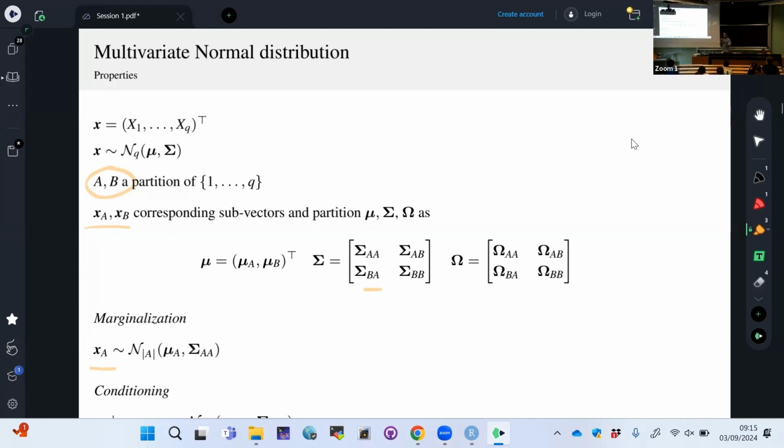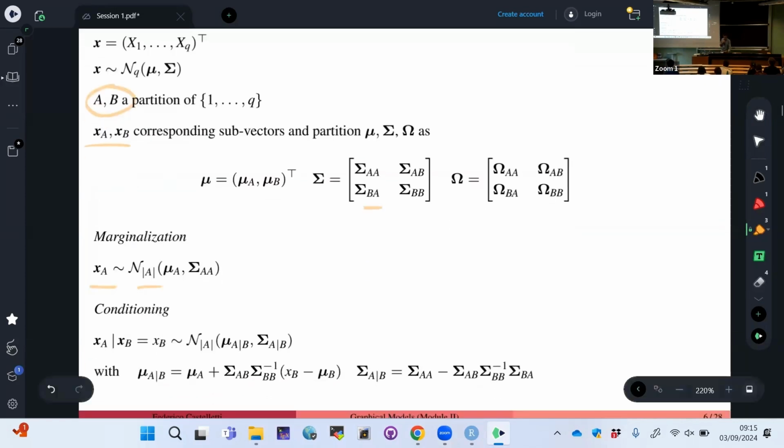The number of elements in A, the size of the set A, with mean vector mu_A, the sub-vector of mu with components indexed by A, and variance-covariance matrix exactly the block sigma_AA, the diagonal block that we have here. So this is very simple. The marginal is still normal, and the parameters of this normal distribution are the 2 blocks, mu_A and sigma_AA.